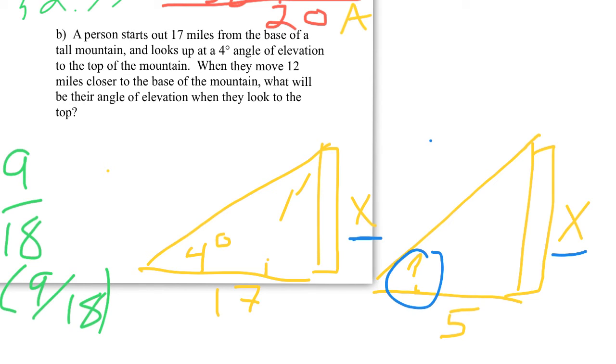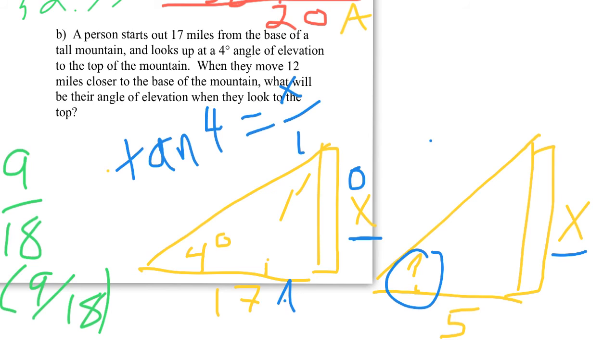Since it's the same x in both triangles, because it's the same mountain, what we're going to do is get something pretty quickly that comes out okay. It's going to start out something like this. We have an opposite and an adjacent. Okay, so the tangent of 4 degrees is going to be equal to x over 17.